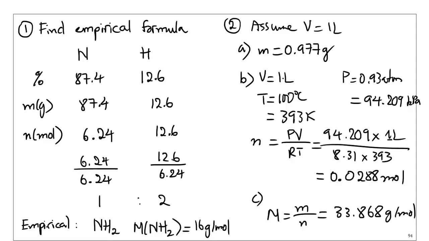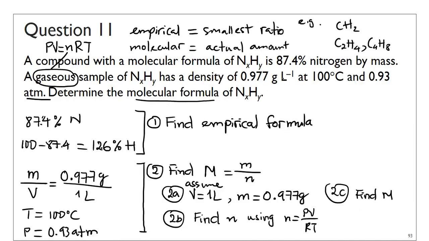So if we go with 33.868 over 16, that's approximately 2.1. I think I'm going to have to accept it. There is a possibility that I made a mistake somewhere, but 2.1 is not that terrible as a ratio.